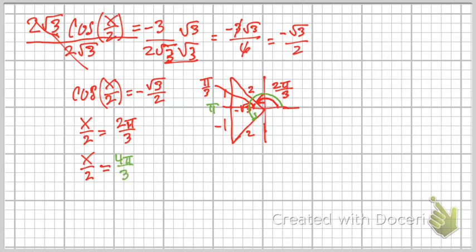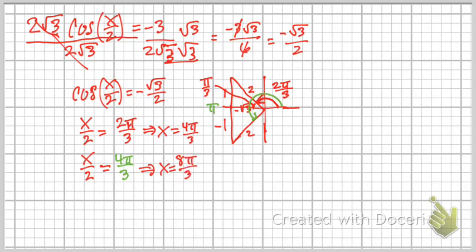And that's what we end up with all the way around, 4 pi thirds. So now if we're looking for all answers here, I'm going to multiply 2 by both sides. So then here, my x is going to equal 4 pi thirds. And then for this one here, my x is going to equal 8 pi thirds.